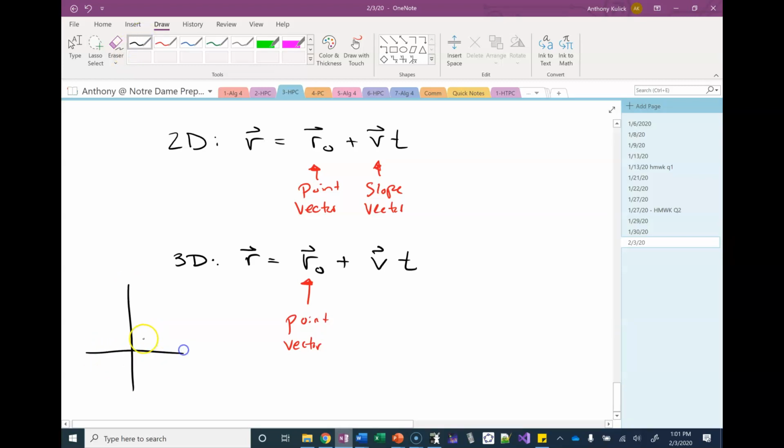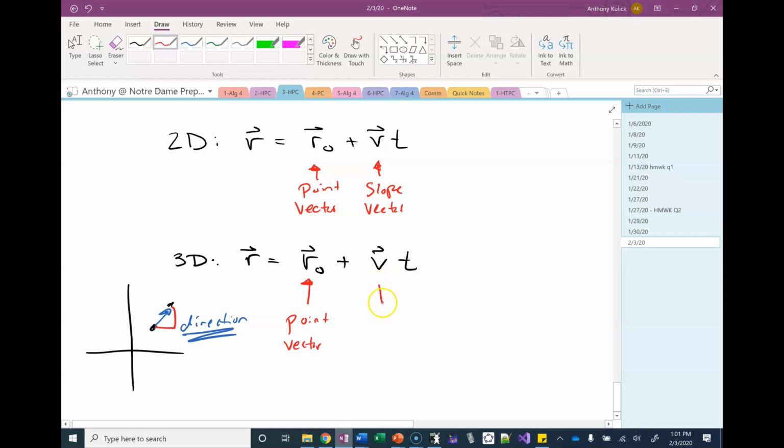So imagine we're in 2 dimensions. We have some point. What the slope does is it tells us how to get to the next point, right? Everybody agree with that? What is this the same as giving? It's the same thing as giving the direction for the vector. Everybody agree with that?